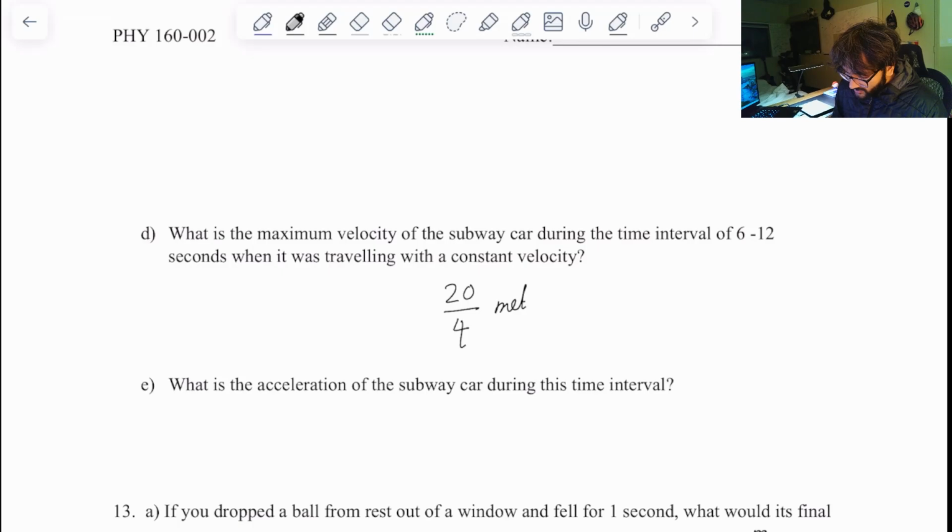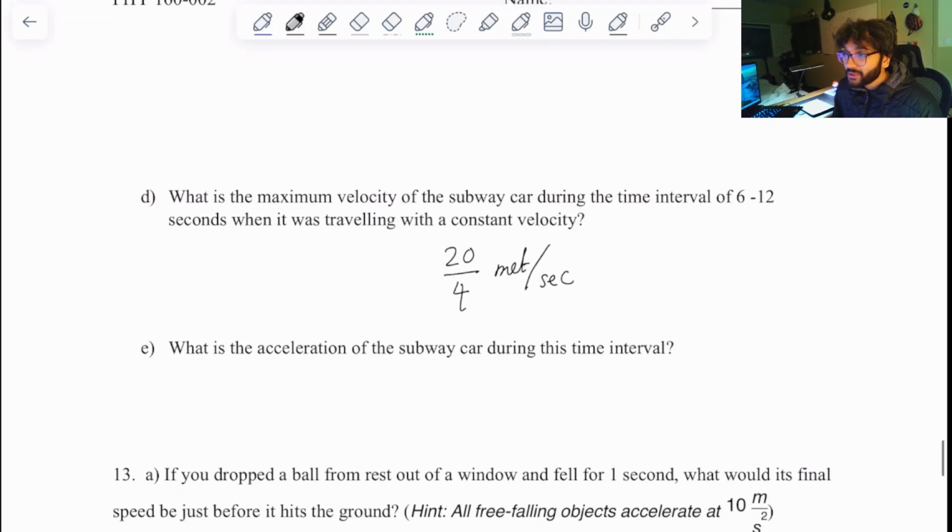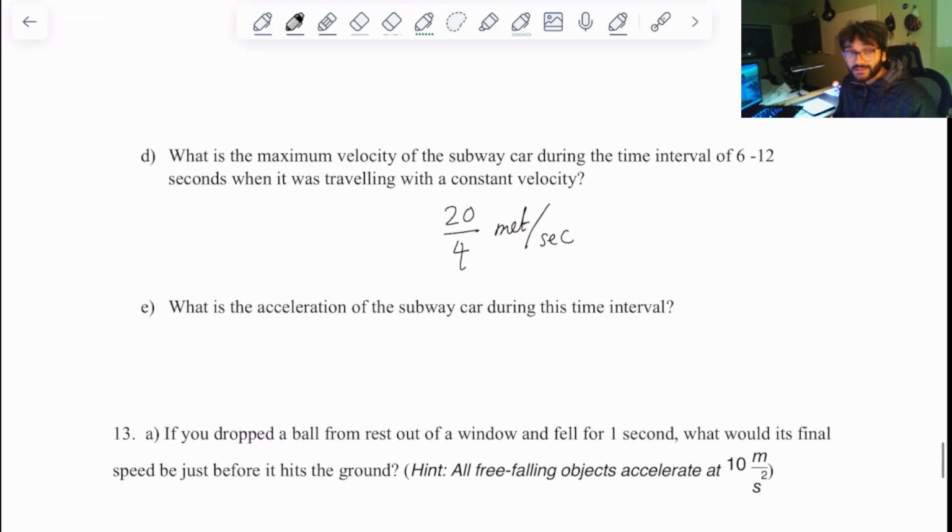This is a good question because this kind of confuses you a little bit. That's a very interesting question. What is the acceleration of the subway car during this time interval? So this question really tests your understanding of acceleration. Whenever there is acceleration, there is a change in velocity.